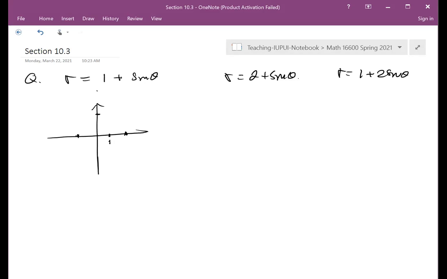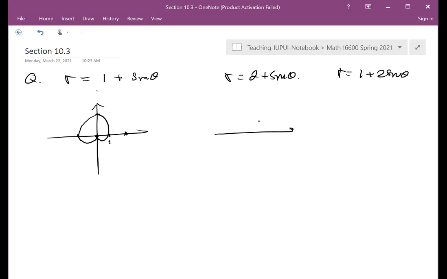When theta equals pi, r is just 1. But when theta equals 3 pi over 2, sine 3 pi over 2 is negative 1, so that's why r is going to be 0. So the graph looks like that, with a point upward. That is the graph.